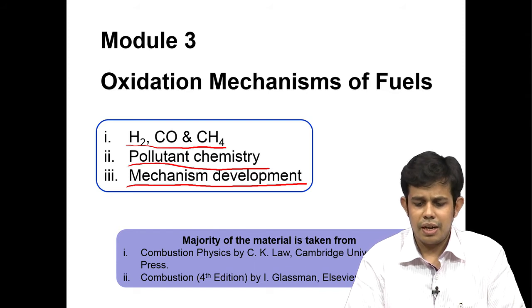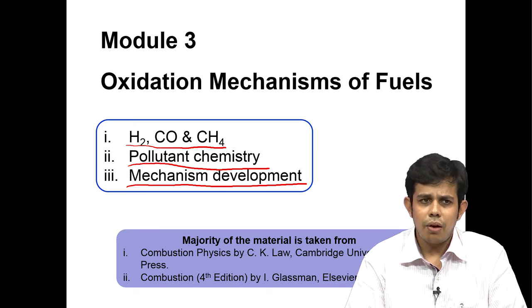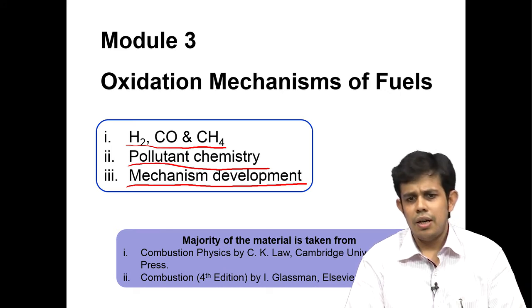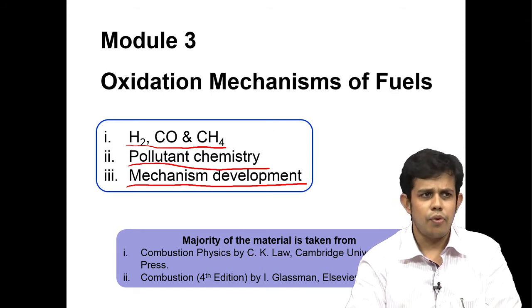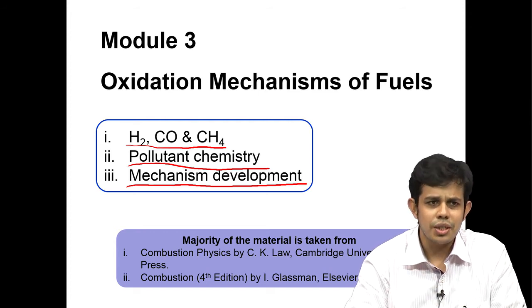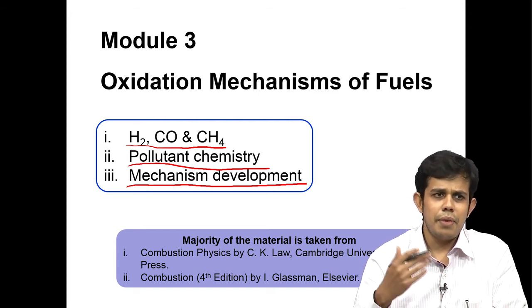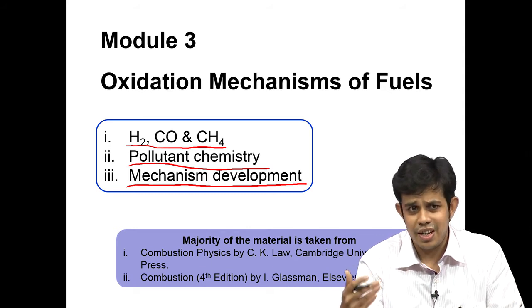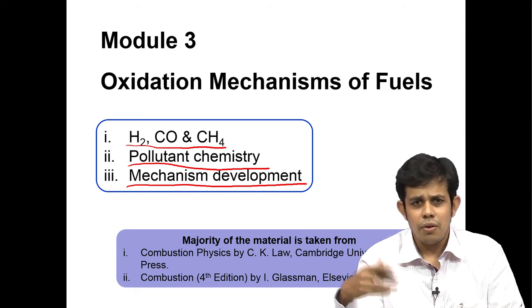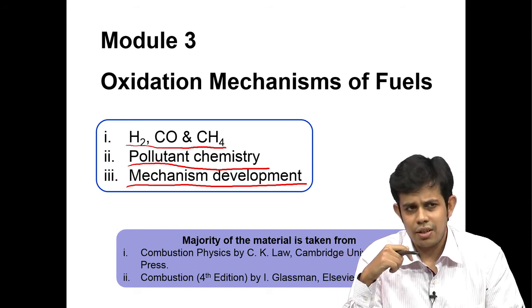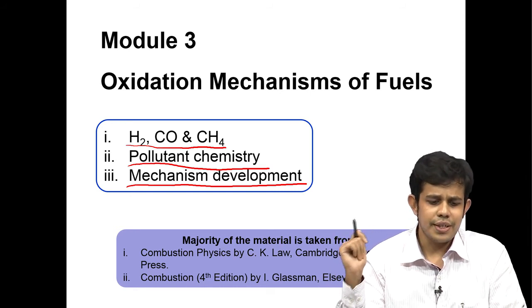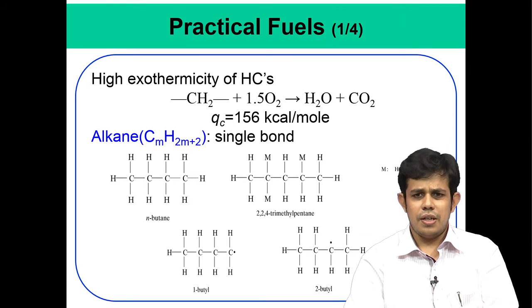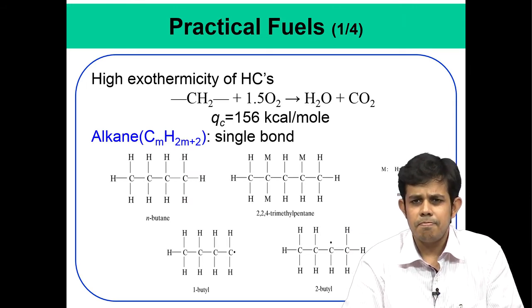So we need to understand the oxidation mechanism of fuels; without that we have no idea how the products are being formed, which products will be formed, and how we can engineer so that certain desired properties are maintained inside the combustor. For example, you can always have a flame stabilized inside the combustor, whereas certain undesired properties like pollutants and emissions are mitigated. Okay.